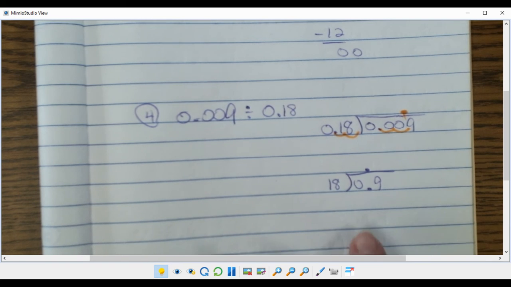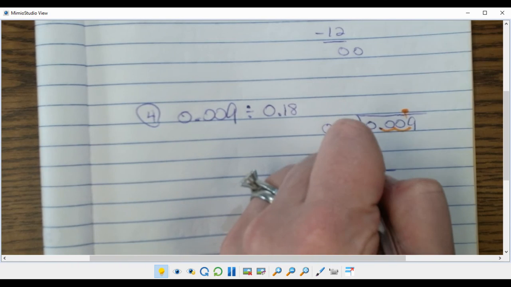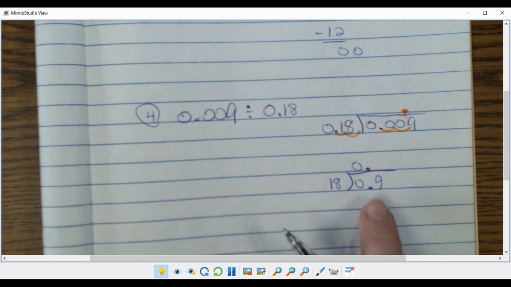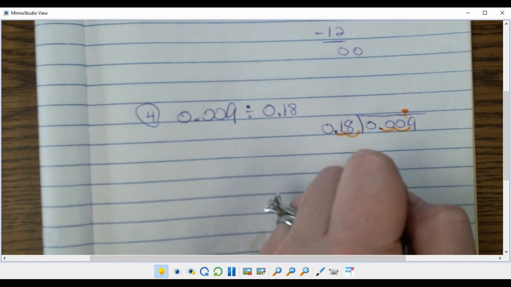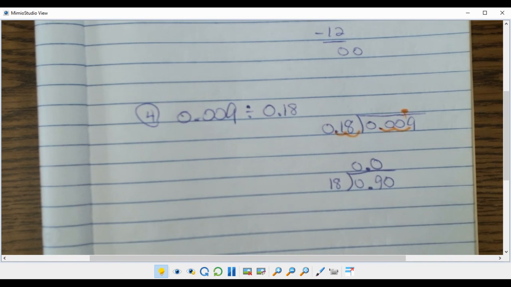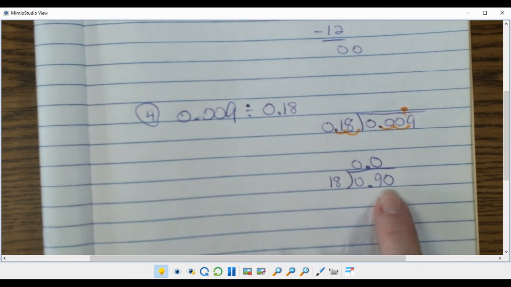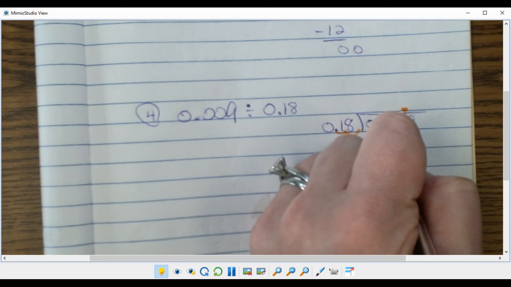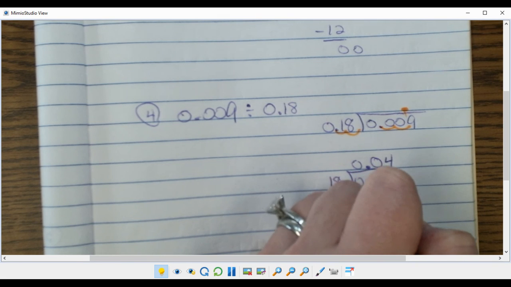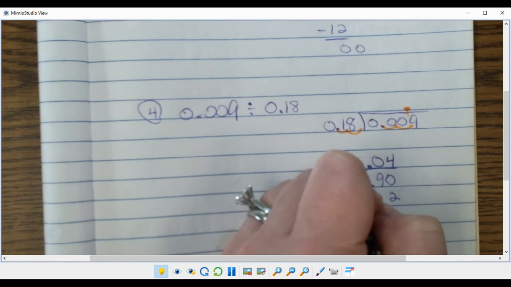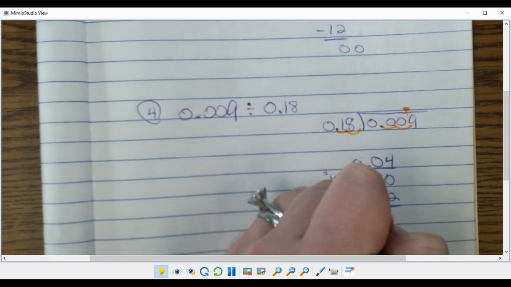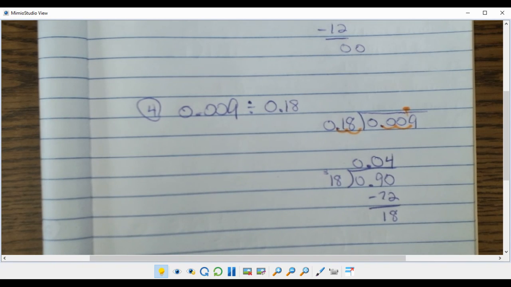And now I'm going to divide. Well, if I have nothing divided by 18, I can't do it. If I have 9 divided by 18, I can't do that either. So I'll annex a 0, and now I have 90 divided by 18. I think I'm going to go for 4. So 4 times 8 is 32. Subtract. Uh-oh.